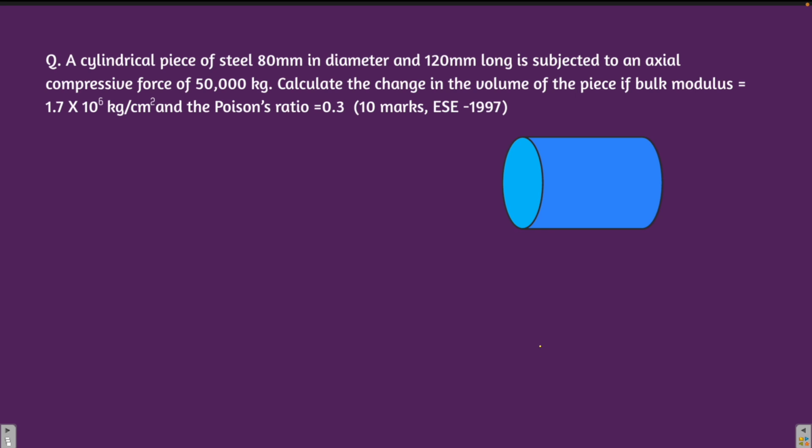The question says that a cylindrical piece of steel 80 millimeter in diameter and 120 millimeter long is subjected to an axial compressive force of 50,000 kg. So the dimensions of the steel are given to you. This is 80 mm in diameter and 120 mm long.